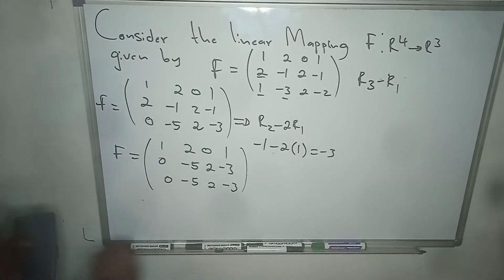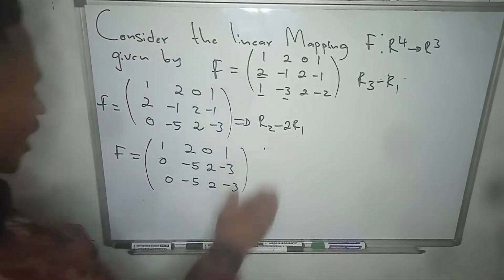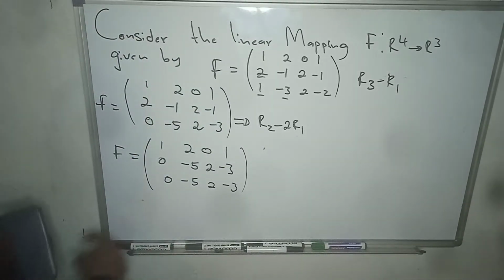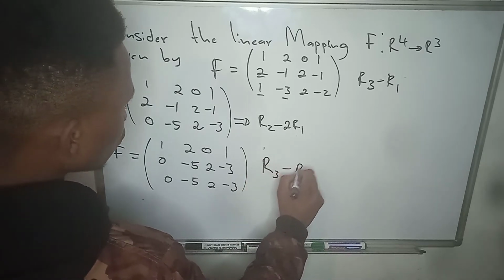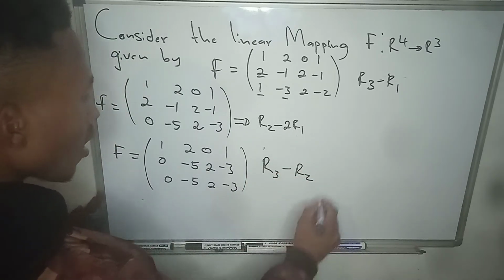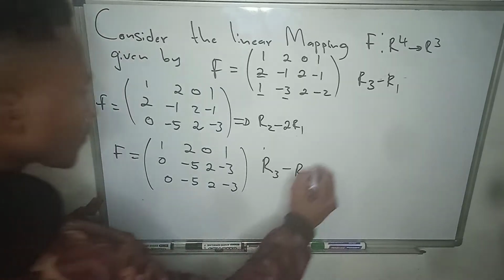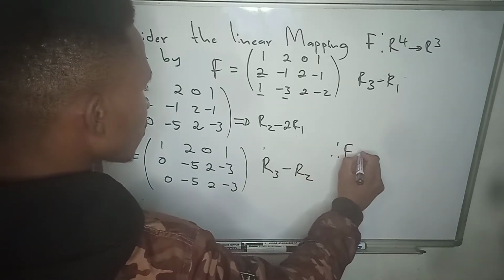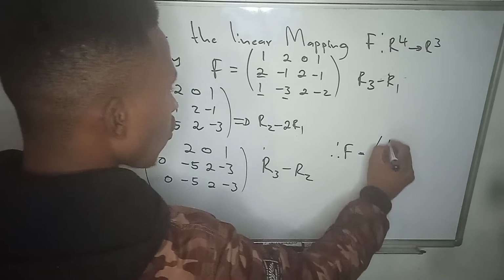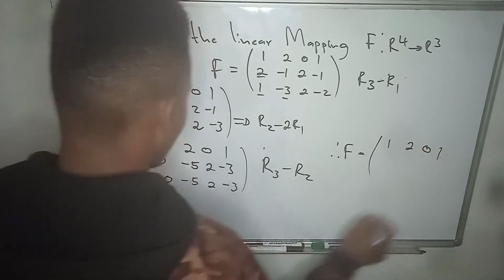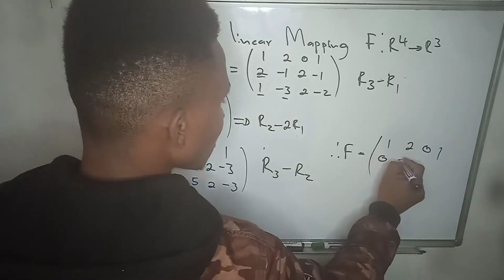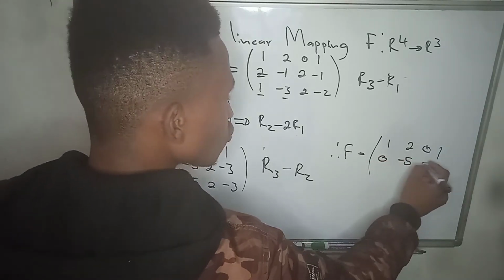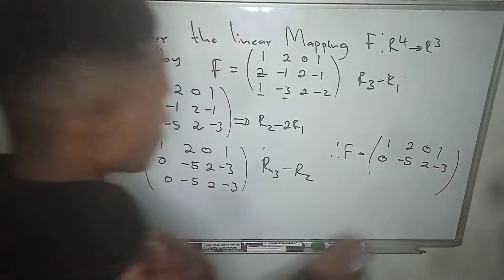So I've achieved it. Now, how can I make this guy 0? I can say R3 minus R2. So the matrix of F will be 1, 2, 0, 1. R3 is the one which is changing. Minus 5, 2, and minus 3.